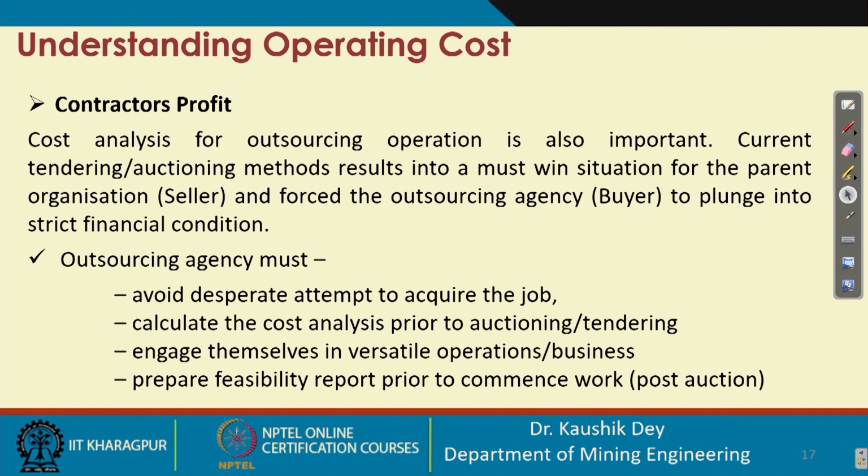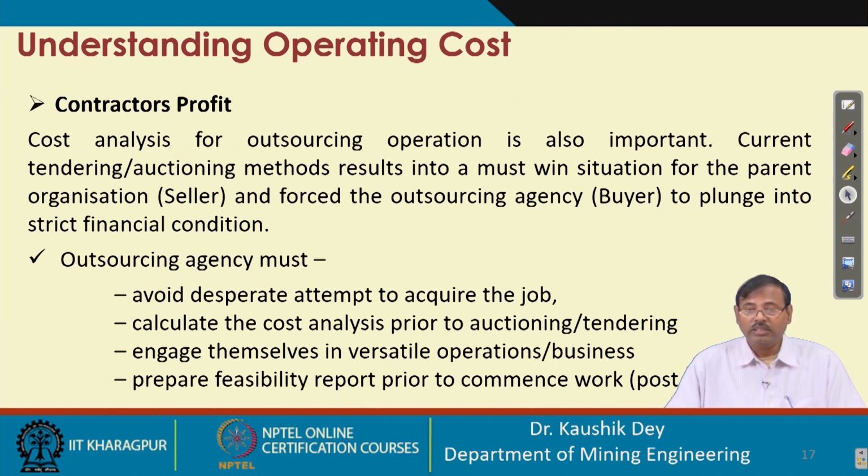for those unit operations. So, reverse auctioning is basically a situation where the parent organization, that means the seller, the mining organization, if it is outsourcing, the outsourcing organization, that is the buyer, is always at a loss, and he plunges himself into a strict financial condition.